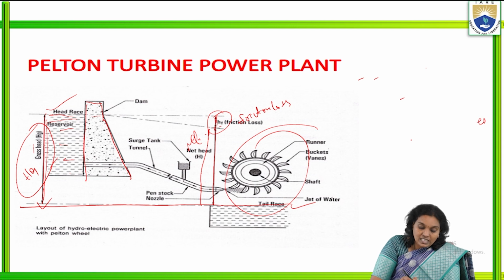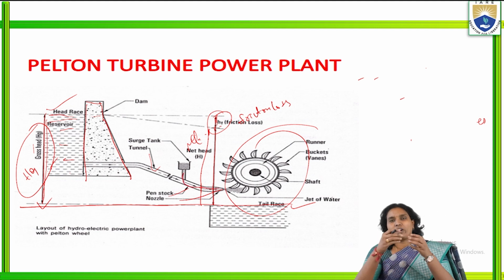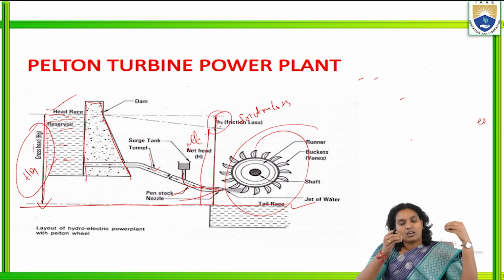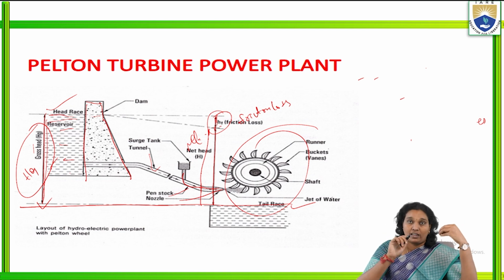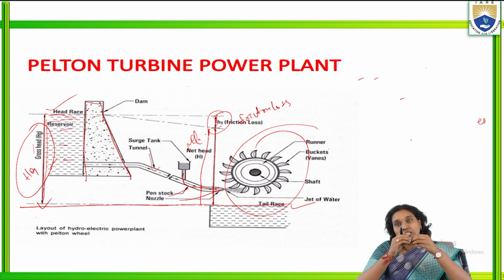So this is the surge tank, from this tunnel. The penstock and nozzle, with all the moving parts, are present here. The excess depends on how much water is going to enter. The flow is not regulated by this, because how much water is required for filling the bucket is designed.